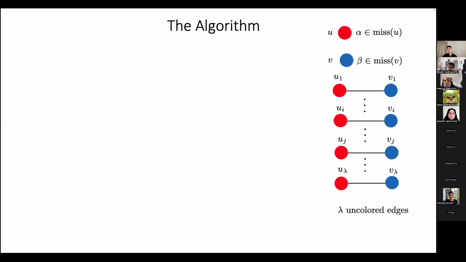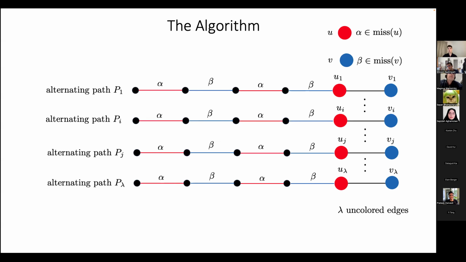And here, this is very similar to the argument for the simple algorithm for bipartite graphs that we saw before. You just consider all of these red-blue alternating paths starting at these nodes, U1, Ui, all the way up to U lambda for all these uncolored edges. And notice that these paths are not necessarily distinct from each other. Some of them might actually be the same path, starting and ending at different ones of these nodes.